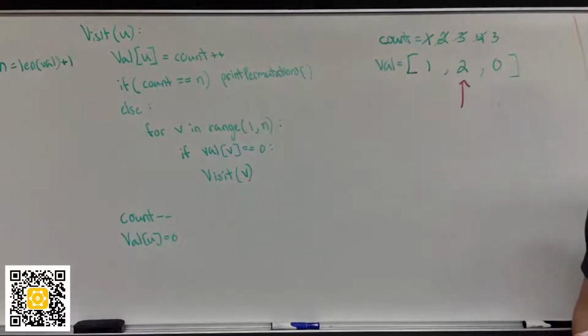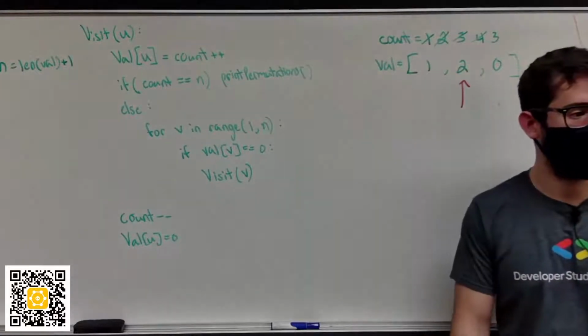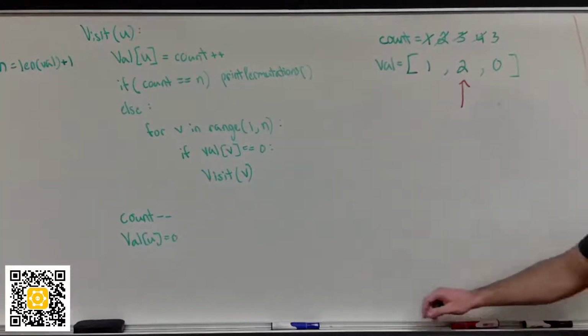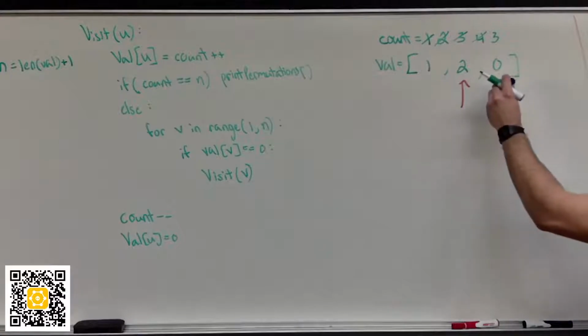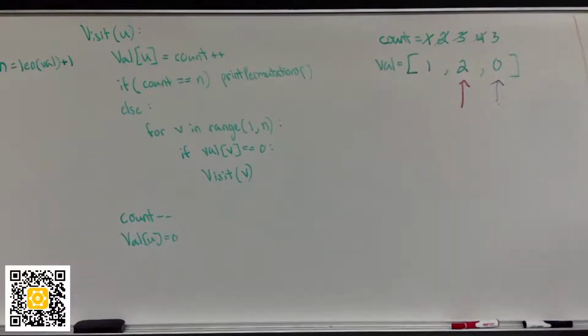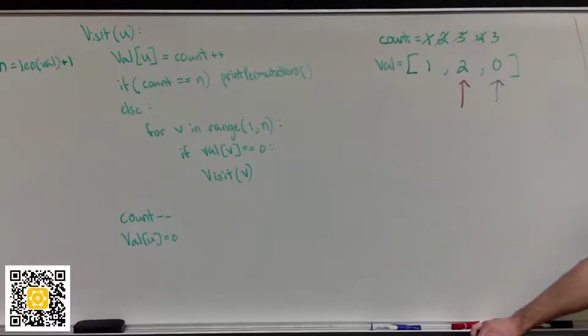When u is 2, we did this for loop, correct? And the for loop only did a recursive call when v was there. So when v was there, it recursively called visit again.